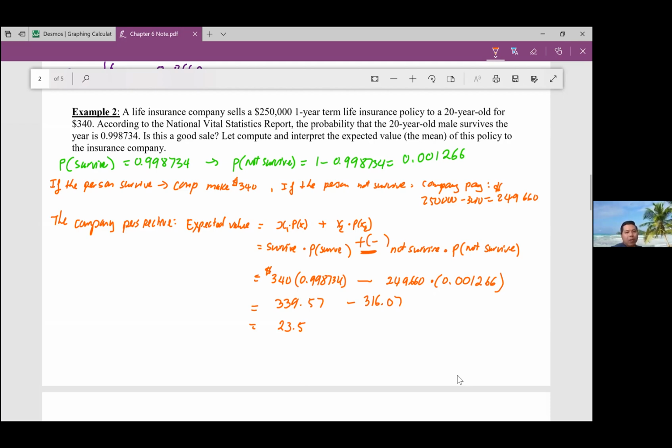Why do they give us so much money, given that they take only a little bit of money from us? It's all because the idea here is, suppose they have a million customers, and you take 23.5 times a million, right? That's how much they're making over the years by selling life insurance to a million people.